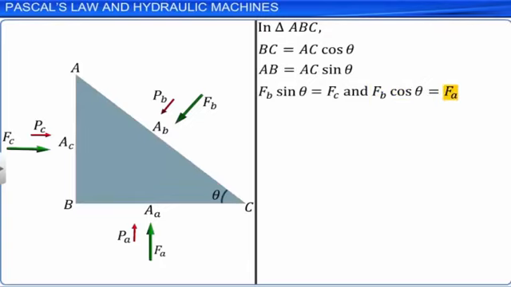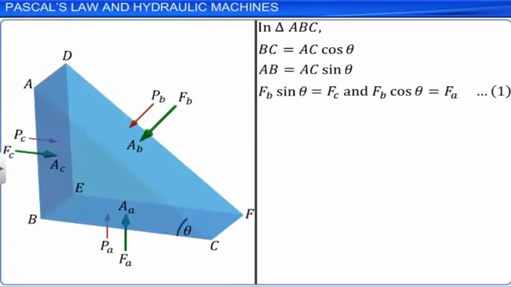As the thickness of the prismatic element is constant, the areas of the three sides of the prism can be expressed in terms of the trigonometric ratios as shown for the forces, given by equation 2, which is Ab sine theta is equal to Ac and Ab cosine theta is equal to Aa.